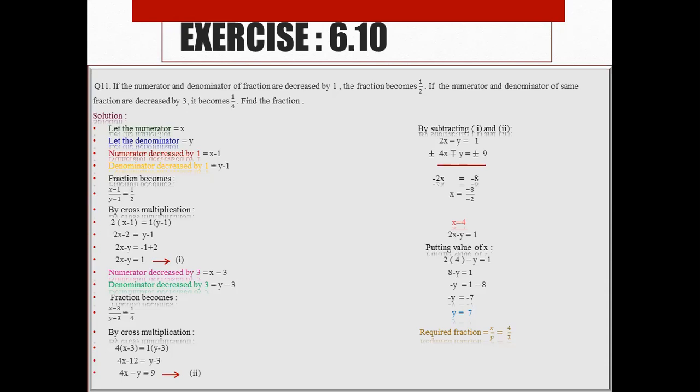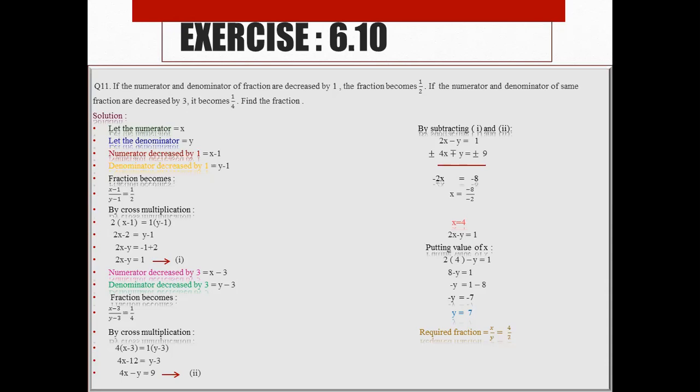In equations 1 and 2, you see that the coefficients of y are both the same. It means if we subtract these equations, we can eliminate y and we get the value of x. 2x minus y is equal to 1 and 4x minus y is equal to 9.